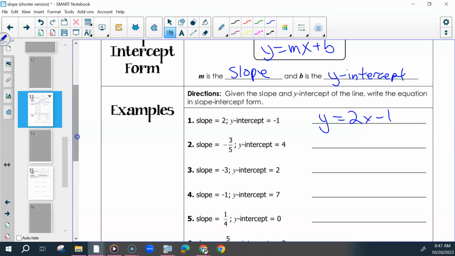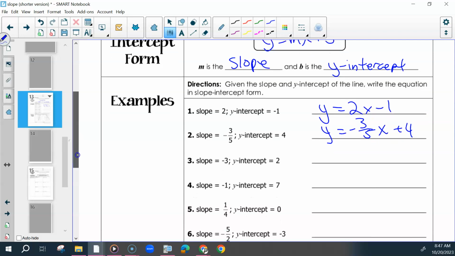How would we write number 2? Omar, I did see your hand. Okay. And then what about, I'm going to skip some, number 5, how would we write that one?